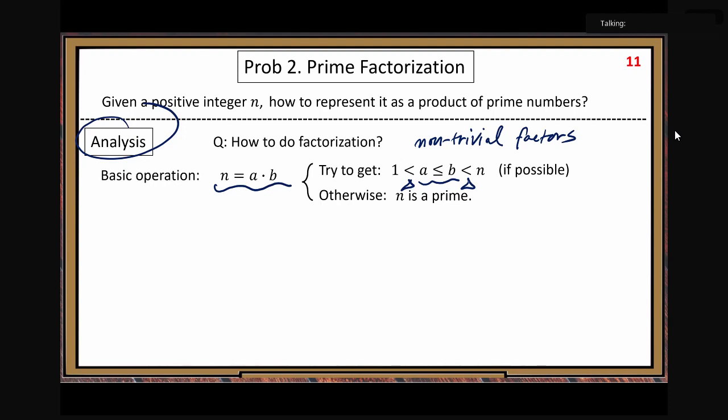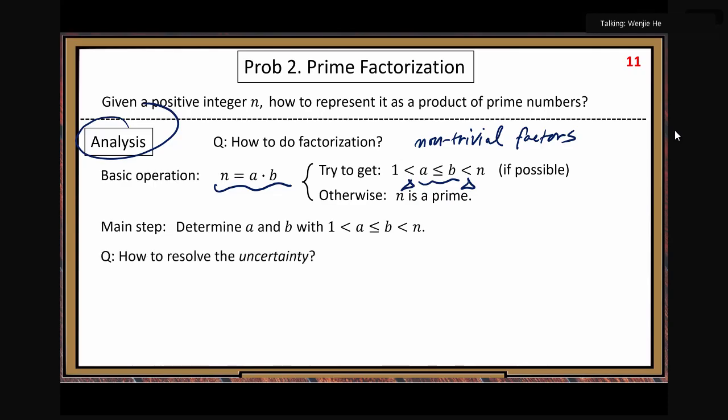Next, the main step. Now we want to determine a and b in this range between 1 and n, exclusive. Because we want non-trivial factors, we exclude the two trivial factors. Question: how to resolve the uncertainty?